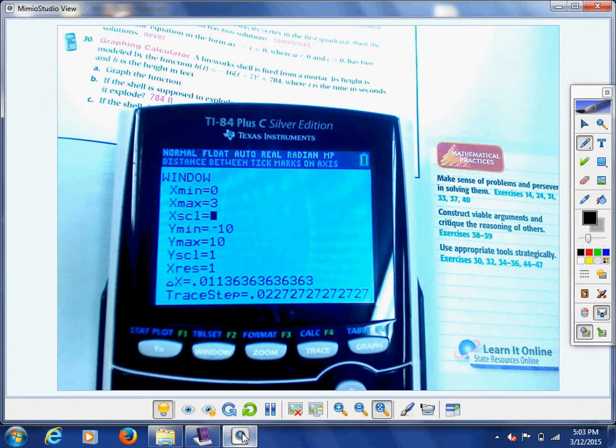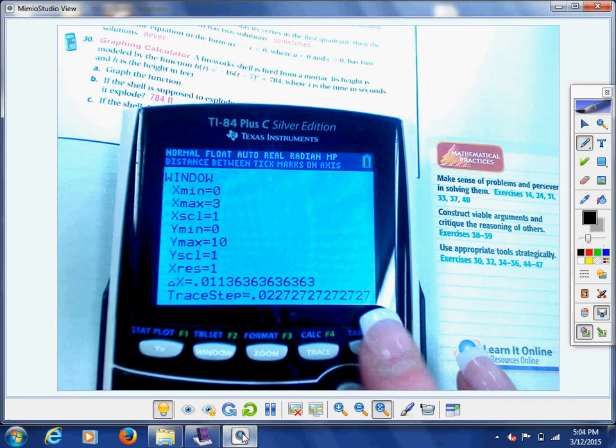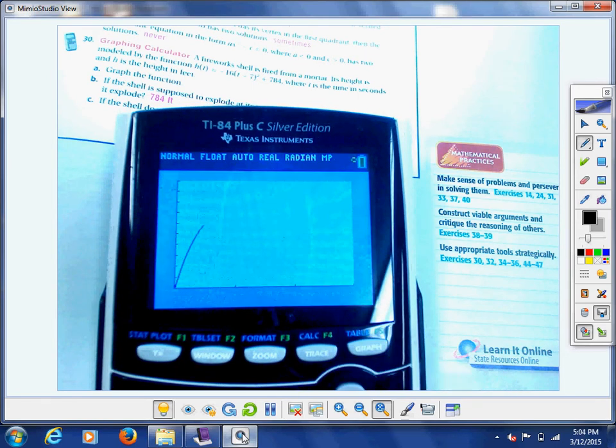Scale at 1, that's fine. Y minimum, let's do 0. Y maximum, let's leave that at 10. And y scale at 1. And let's regraph it. It's just bringing it a little bit closer, just focusing in on the first quadrant is all we're doing there. And it's somewhere between 1 and 2, okay?